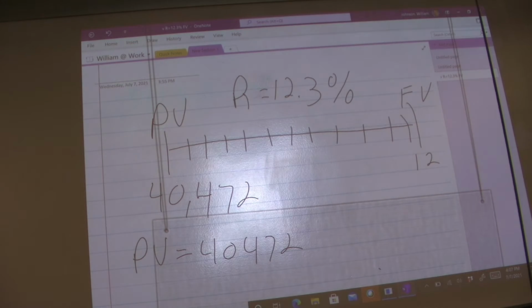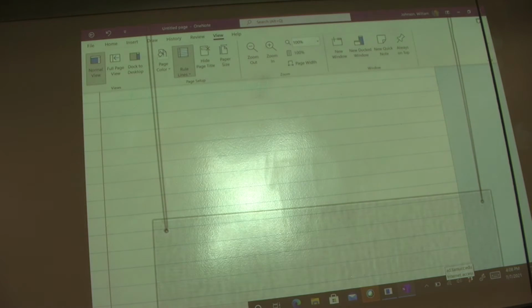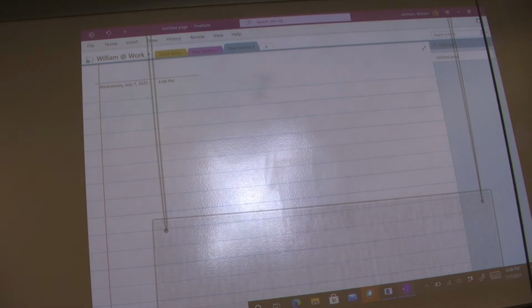And so our formula for present value is... actually, we're looking for a future value, so let's go back.